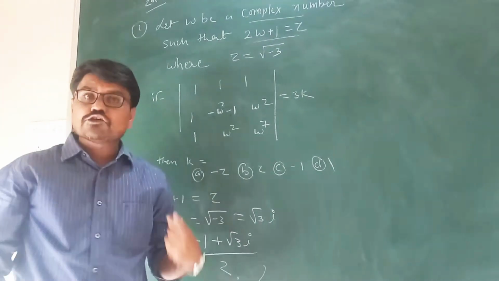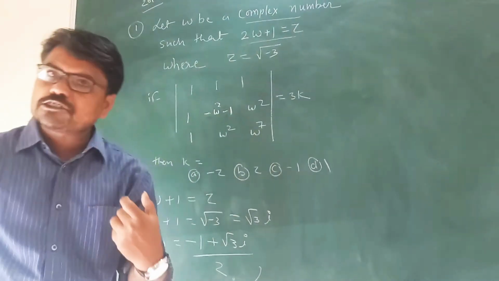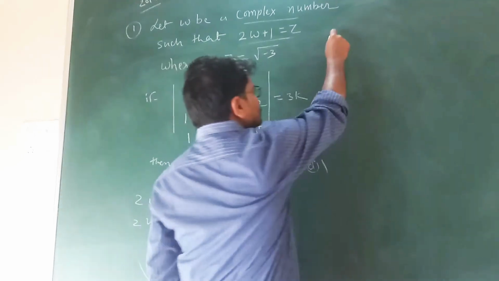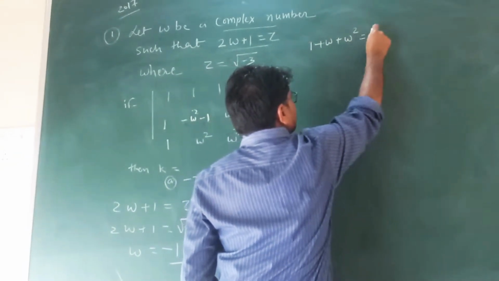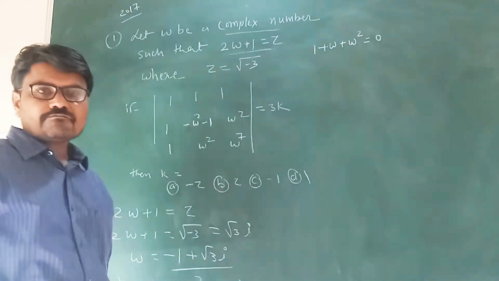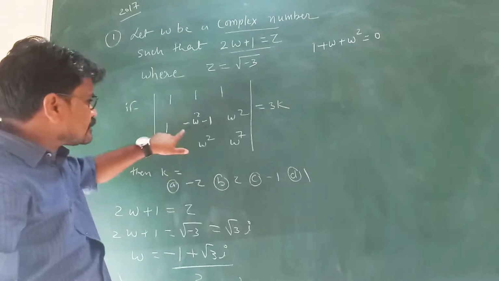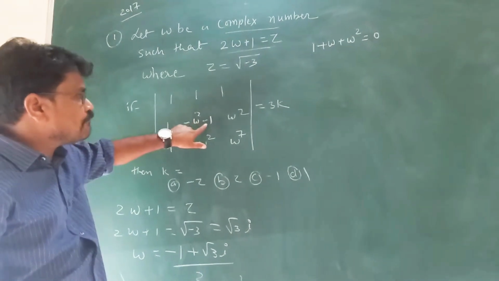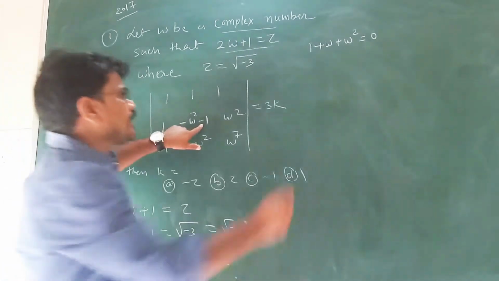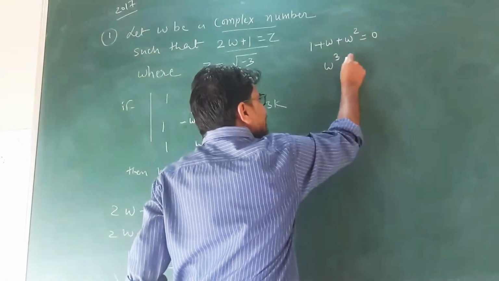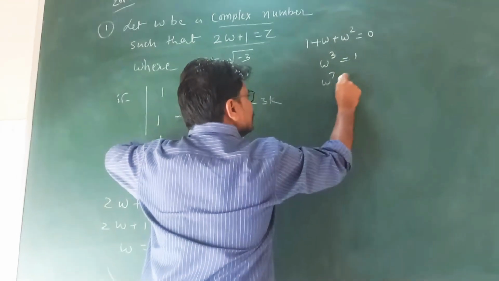So if it is a cube root of unity, it must follow the properties of the cube root of unity. What are those? That 1 plus omega plus omega square equal to 0. Therefore, minus omega square minus 1 is replaced by omega, and also omega cube equal to 1. So omega 7 will be omega.